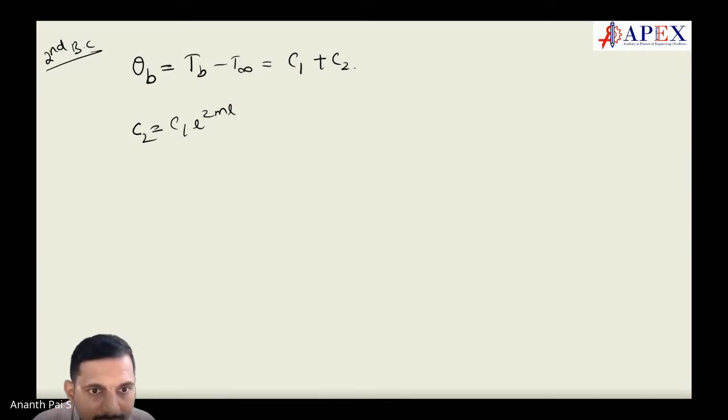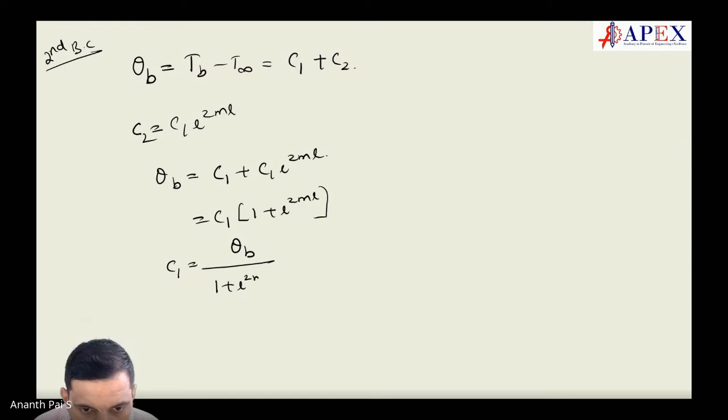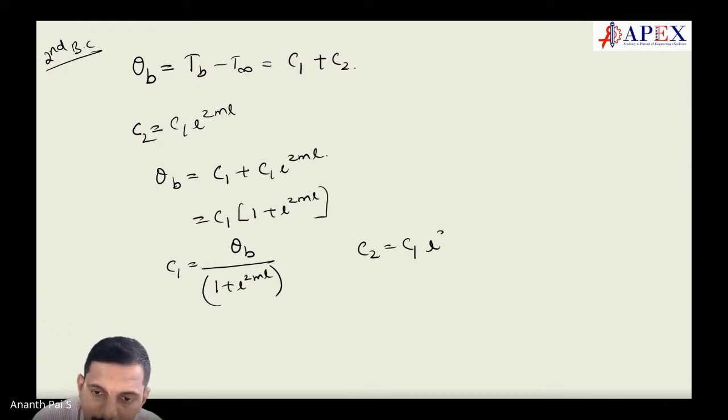So we'll apply that. Theta B is equal to, instead of C2, I will put C1 into e power 2 ml. Makes sense? So I'll have C1 into 1 plus e power 2 ml. Or C1 is equal to theta B divided by 1 plus e power 2 ml, and C2 is equal to C1 into e power 2 ml.